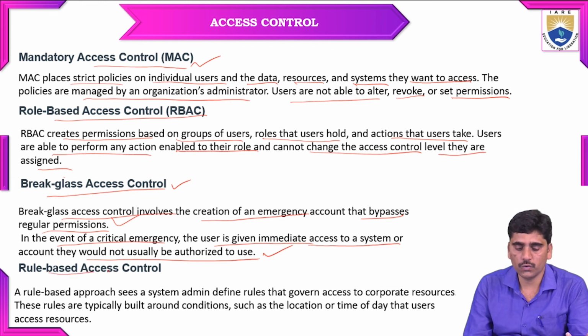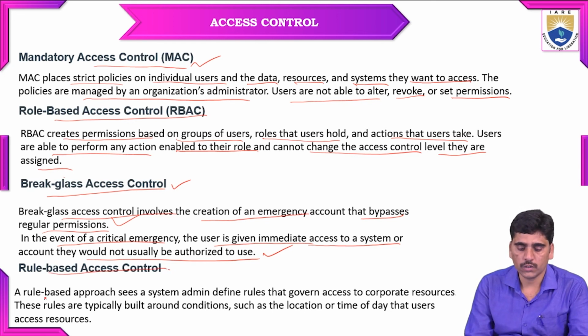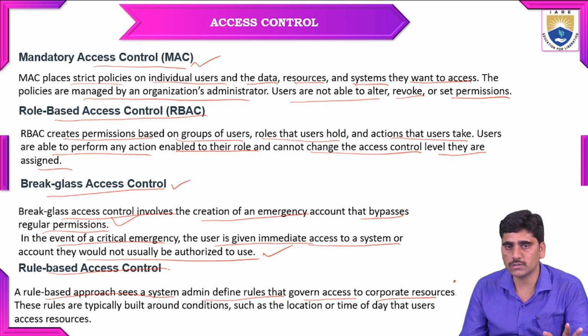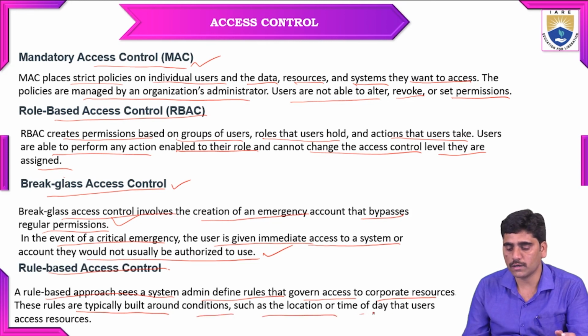And the next one, rule based access control. A rule based approach sees system admin defined rules that govern access to corporate resources. These rules are typically built around conditions such as the location or time of day that users access the resources.